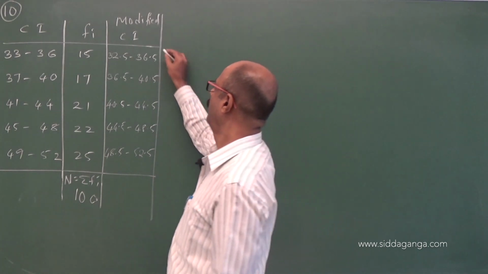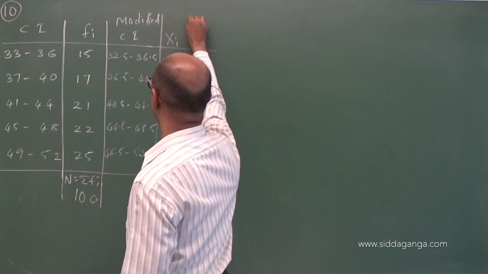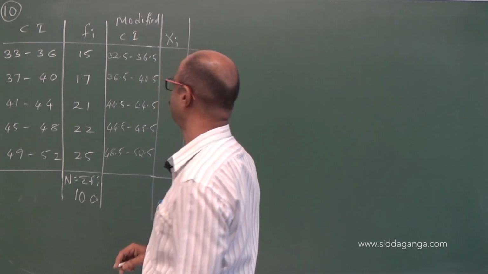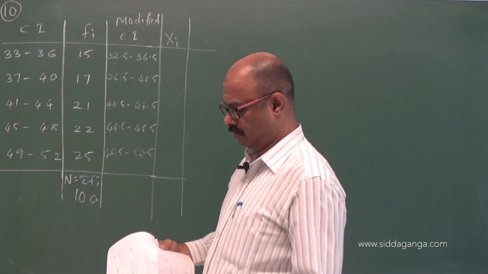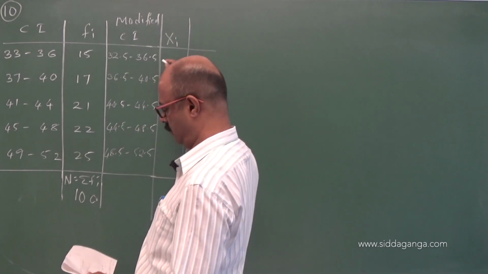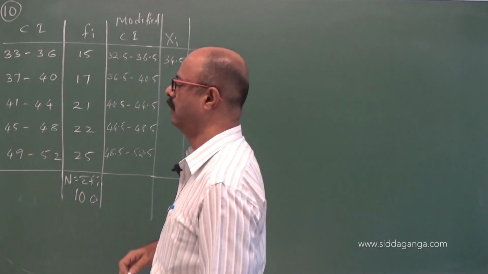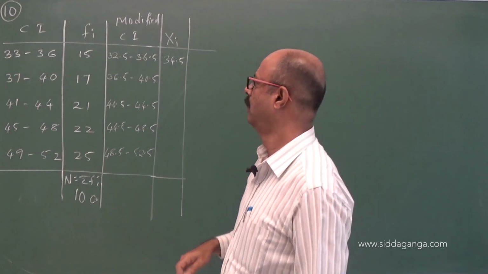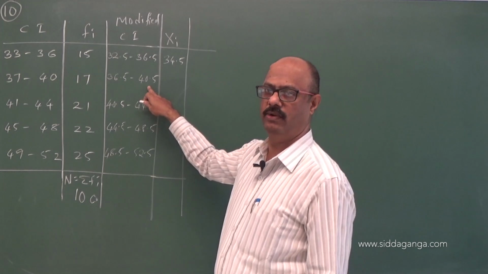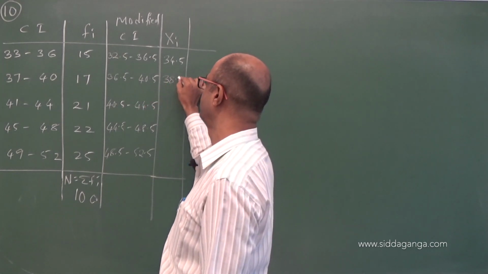After finding the modified class interval, we will find the midpoints. Midpoints are denoted as xi. Here xi's are nothing but the midpoints. So 32.5 and this is 36.5, the middle one is 34.5. You add these two and divide by 2. Similarly, 36.5 and 40.5, you add and divide by 2, you will get 38.5.